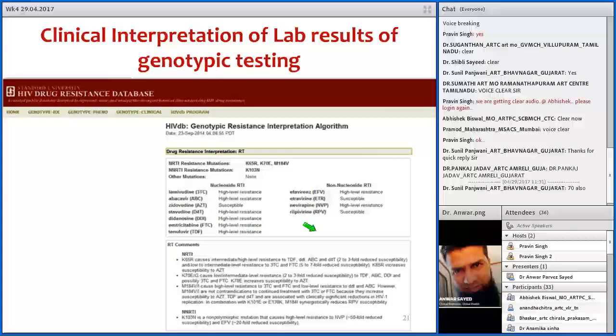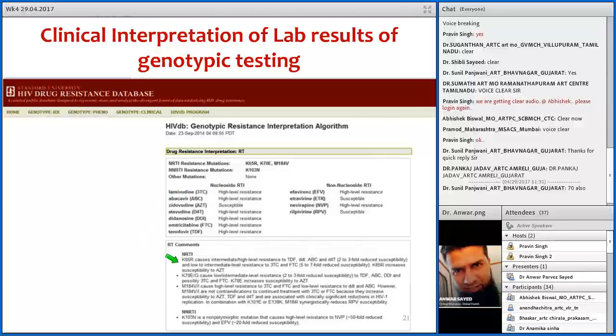But does it stop here? Answer is no. If I give an example that Lamivudine has high level resistance, and this was our patient who was on initial first line, then why are we using Lamivudine in the second line treatment? This is the question which should come to our minds.